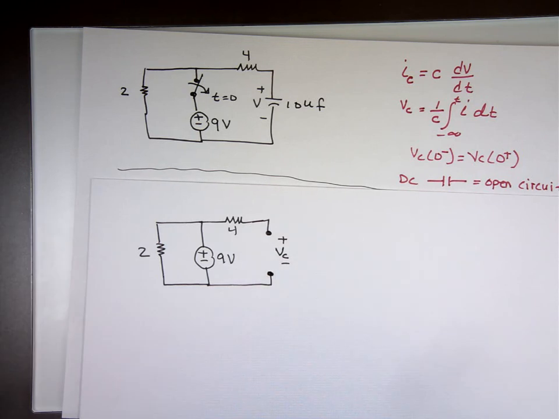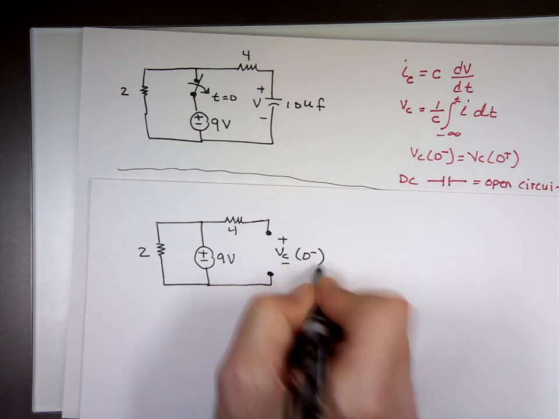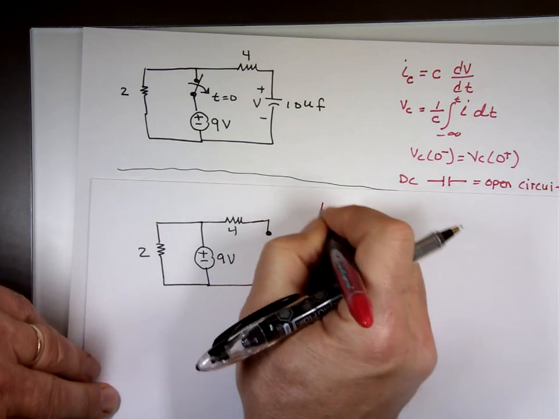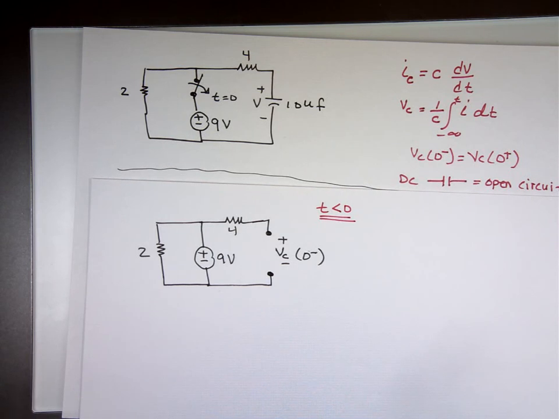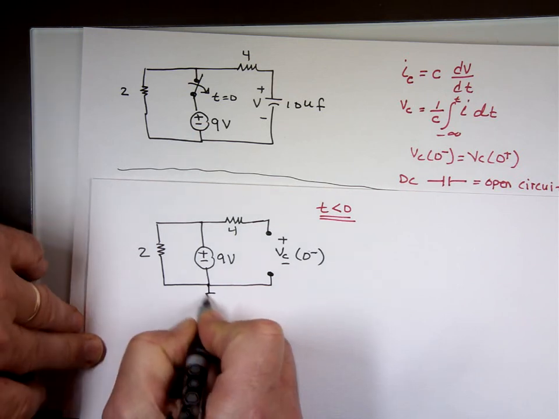This is 0 minus, so I'm looking at the circuit for t less than 0. Can you tell me what that voltage is? If this is ground, what's the voltage here? 9, good.